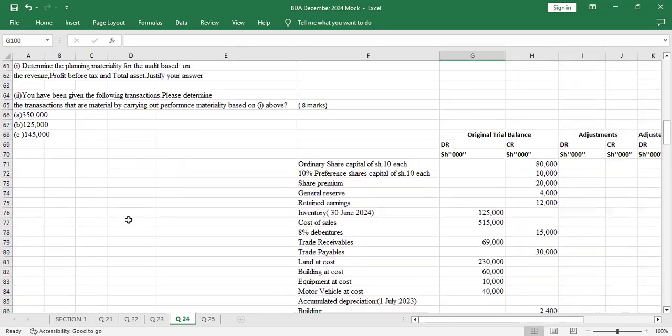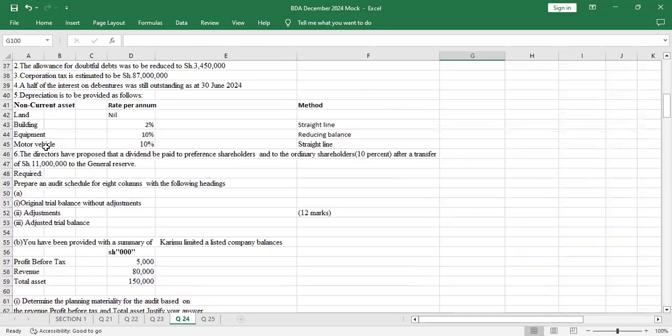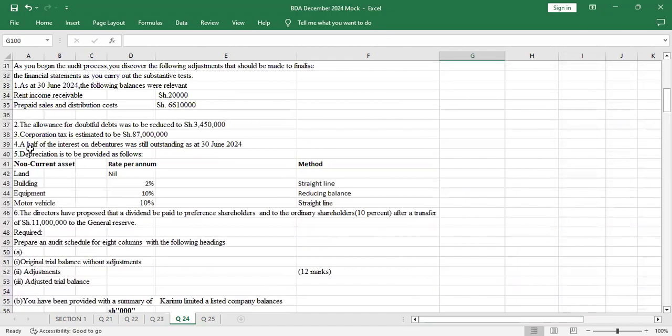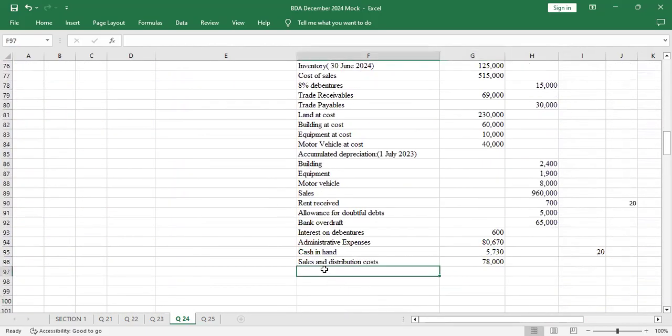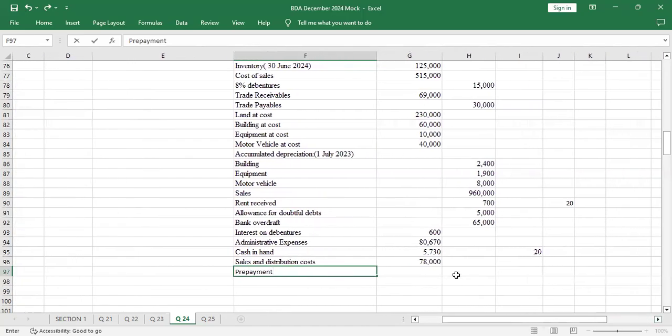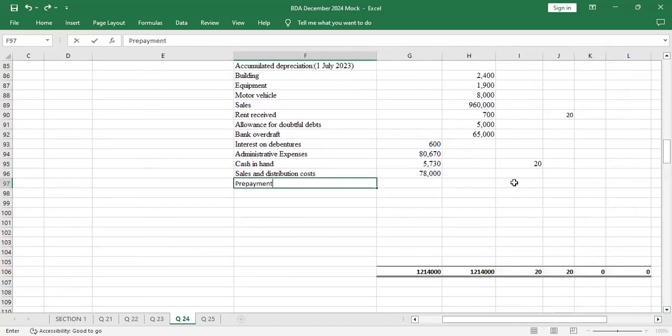Then the second double entry in additional information number 1 is prepaid sales and distribution costs. We'll create a prepayment account. That's what I was saying, you leave the space for this adjustment. Prepayment is an asset, so we will debit it as an adjustment. Don't go back and do it under the original.